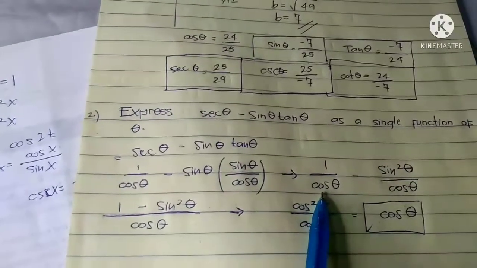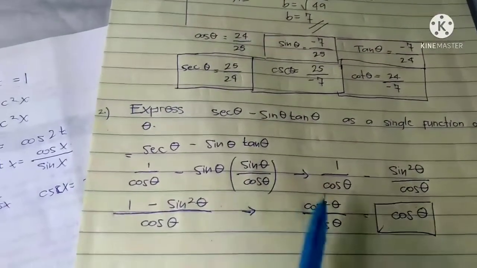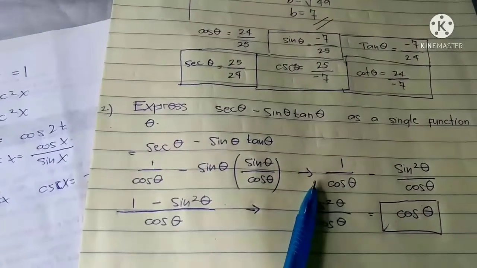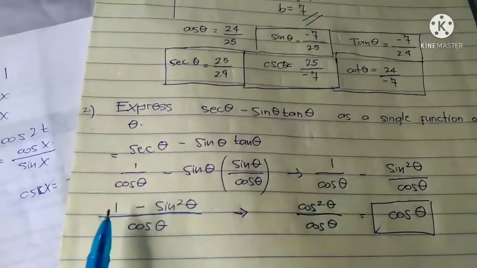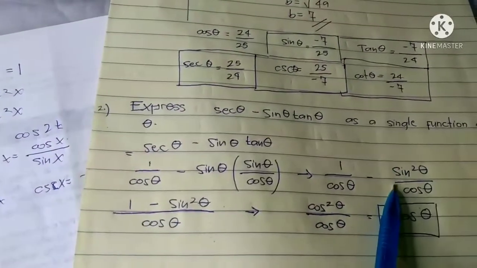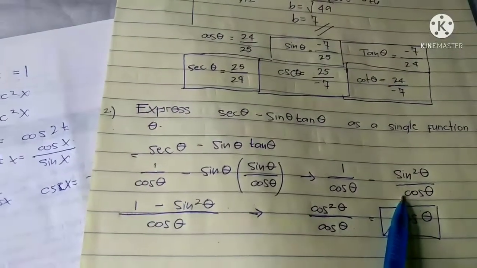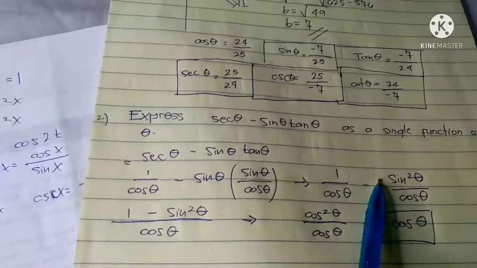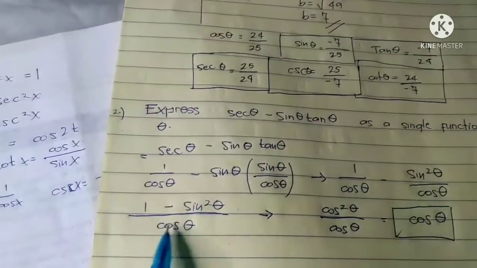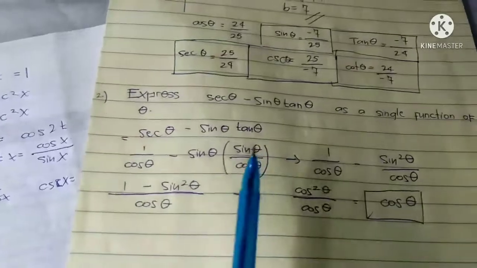Simplify again. The denominator will be cosine theta. Then cosine theta divided by cosine theta is 1, times 1 is 1, and cosine theta divided by cosine theta is 1, times sine squared theta, we will get sine squared theta.